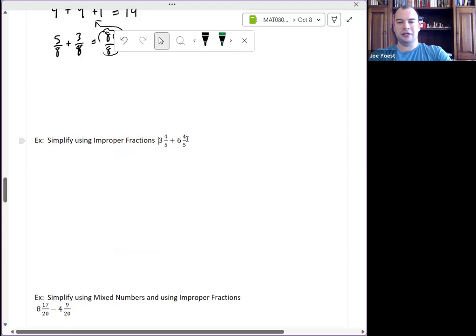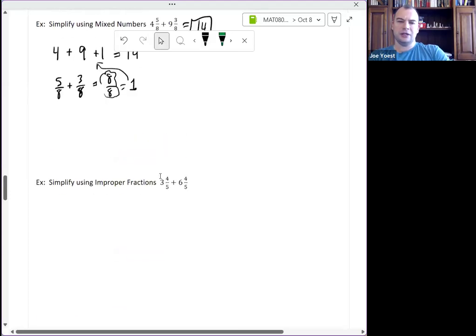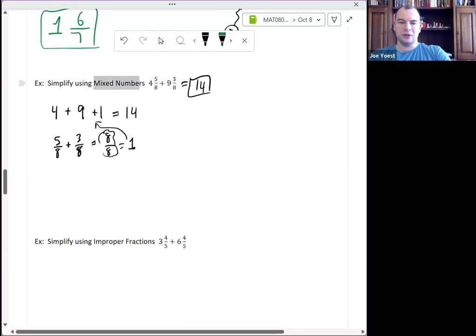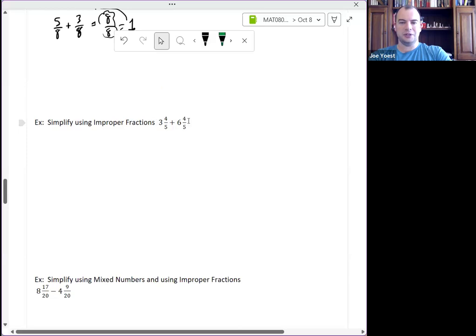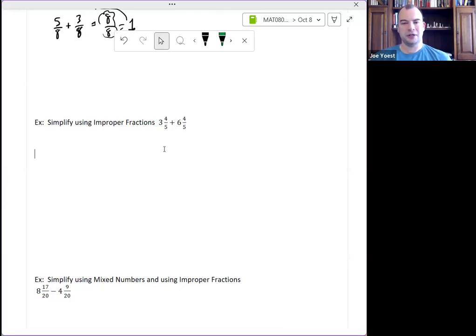If I were to look at, say, 3 4/5 plus 6 4/5, another thing that I can always do, we can work with the mixed numbers as they are. Sometimes this works out really nicely. Sometimes it's quite complicated. Another thing I can always do, remember, I can always convert mixed numbers into improper fractions and back and forth.